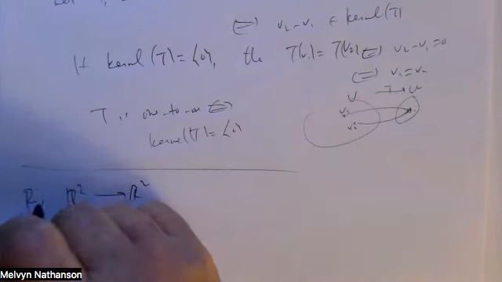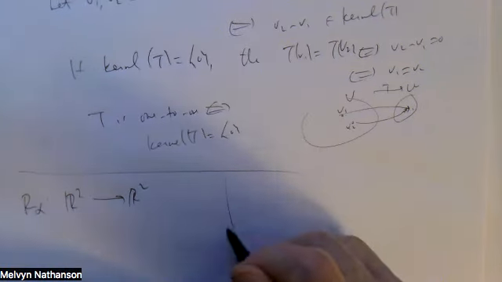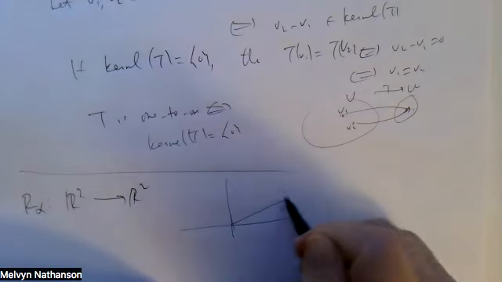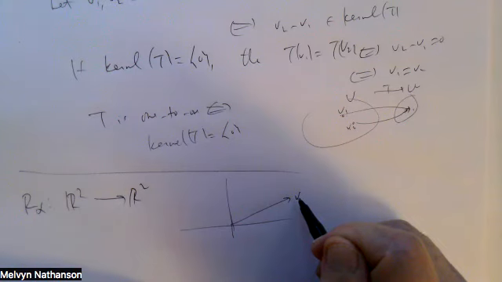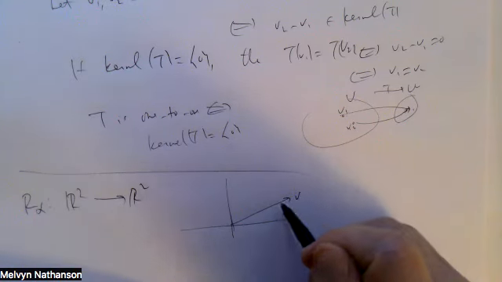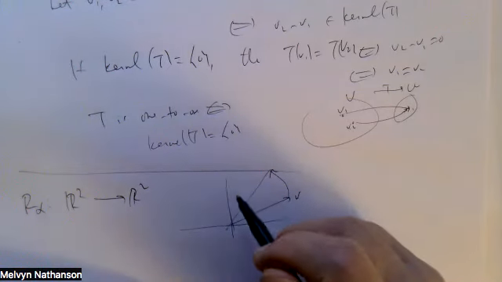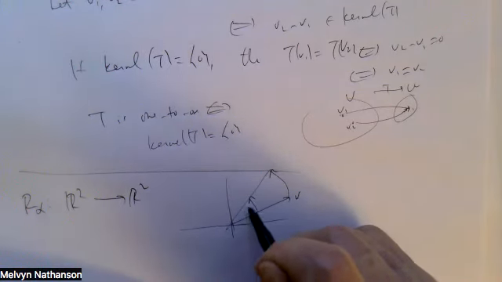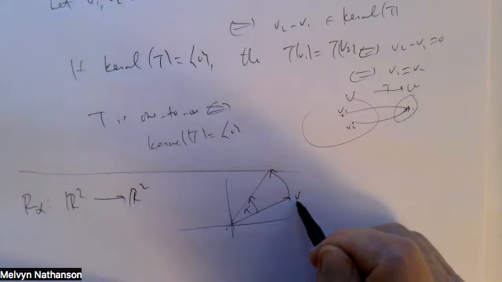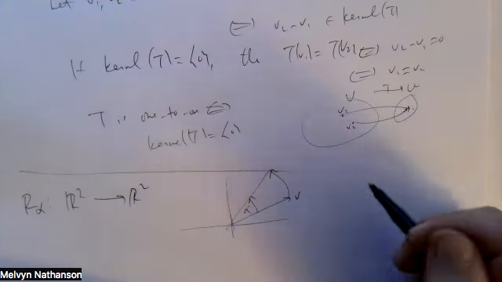Let me call this R sub alpha. Alpha is an angle. So if you take a vector v in the plane, R alpha rotates that vector by alpha radians.